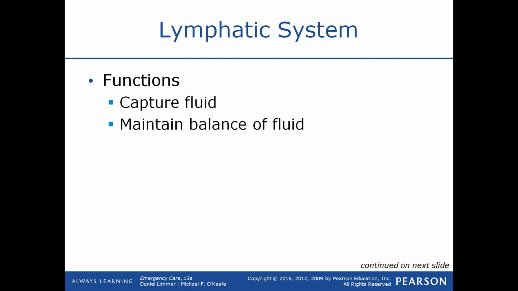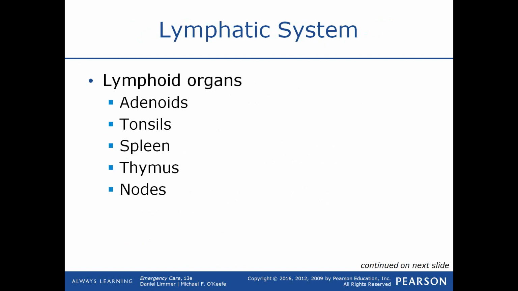The lymphatic system is a drain system that captures fluid. The lymphatic system helps us maintain our balance of fluid as well. The lymphatic system includes these lymphoid organs, your tonsils and adenoids.